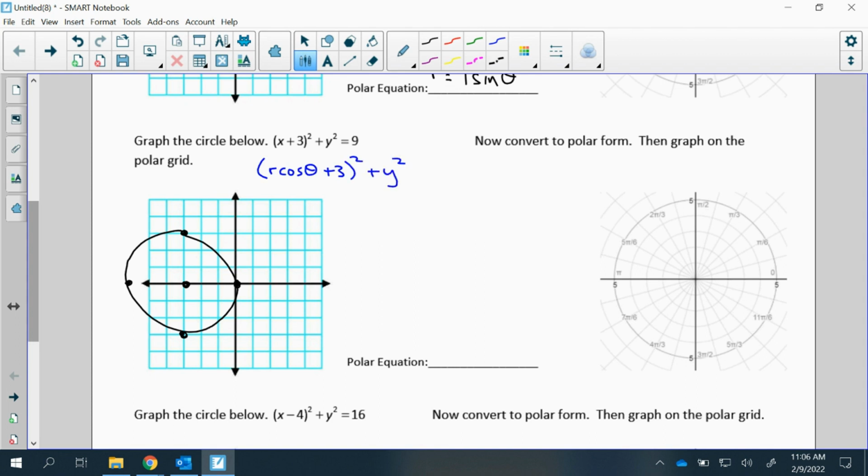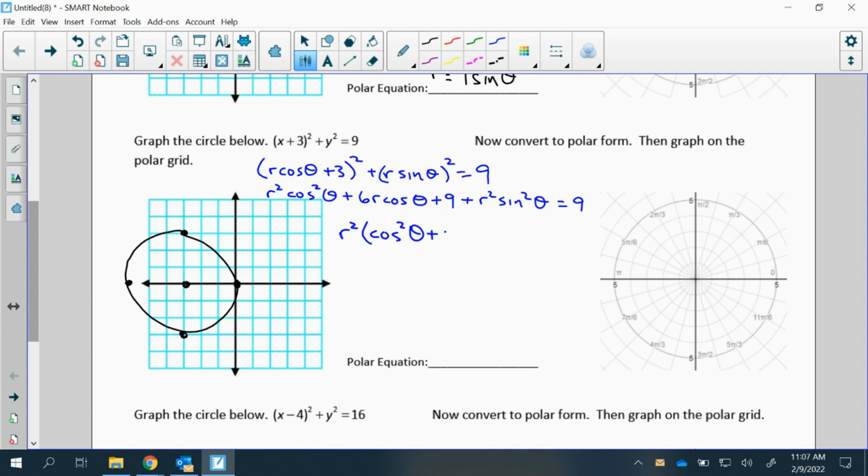Then we'll use the distributive property on (r cosine theta plus 3) because it's squared. We will get r squared cosine squared theta plus 6 r cosine theta plus 9. And then we have plus r squared sine squared theta, and that equals 9. And then when we do some manipulation, we subtract 9 from both sides. We factor out the cosine squared plus sine squared.